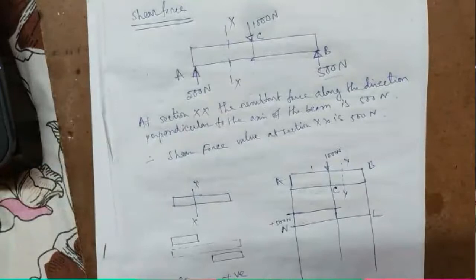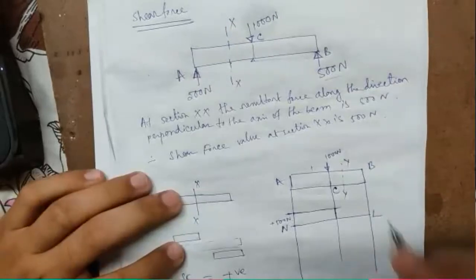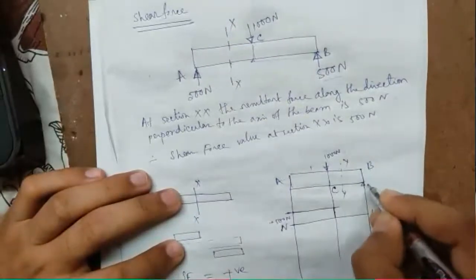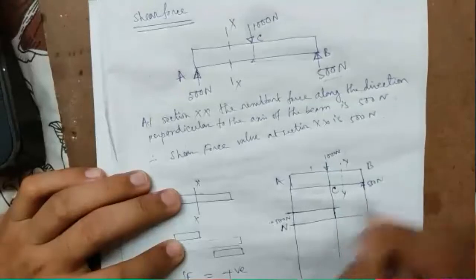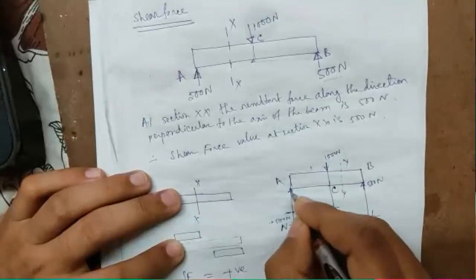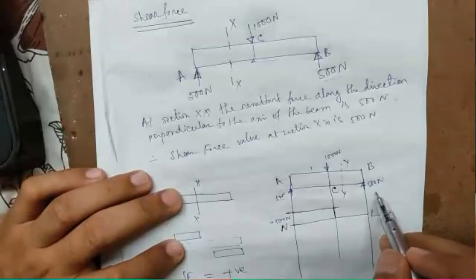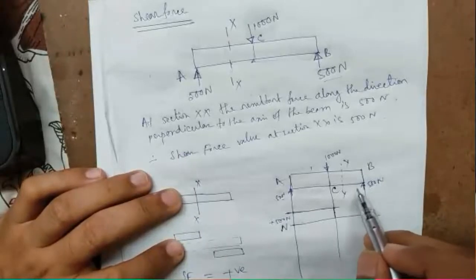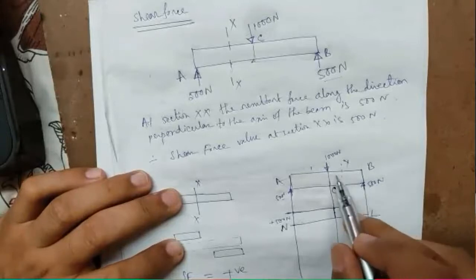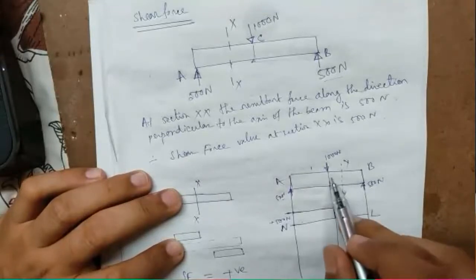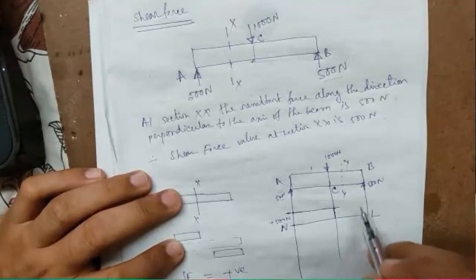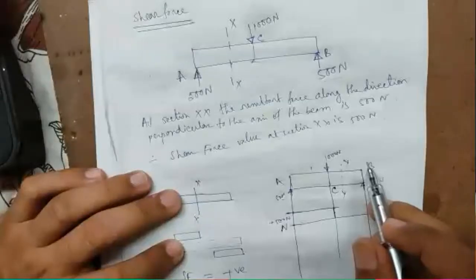Now if we take right of this section YY, then you will find here there is a load 500 Newton, here is another load 500 Newton. So now you look, this 500 Newton is trying to shift the right side of this beam to move upward, which is negative.